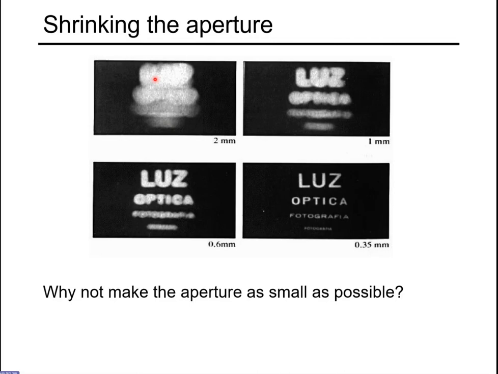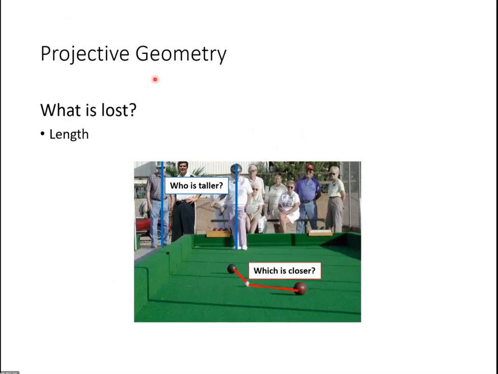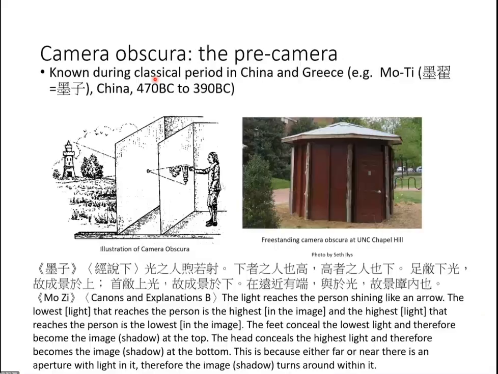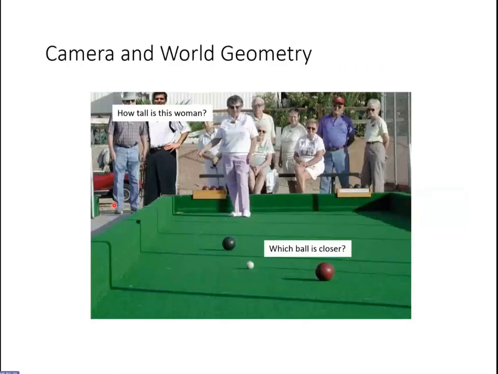It's blurred. Why? Because if your hole is large, then for a point, many light rays will be targeted to the same point, so it will be blurred. Okay.